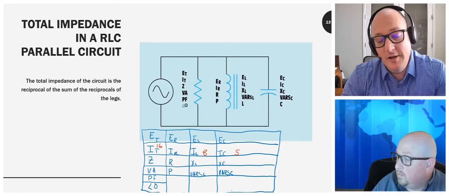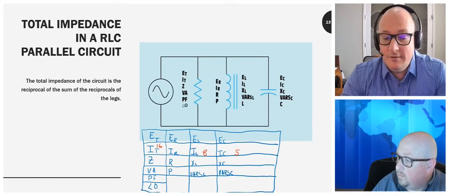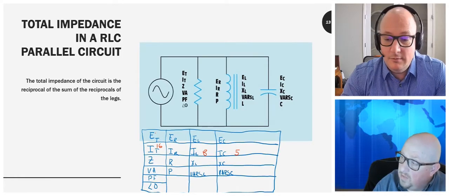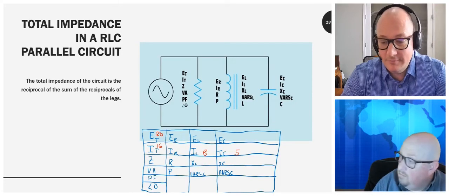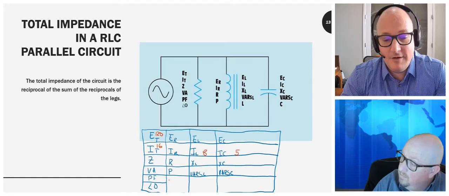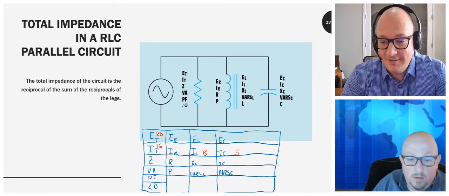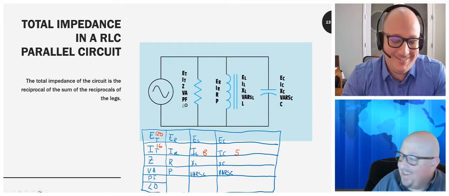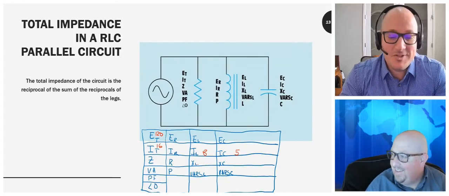There we go. And voltage applied. What do you want to do? 120? Sure. Whatever it takes. 121? Yeah. Okay. So simple.